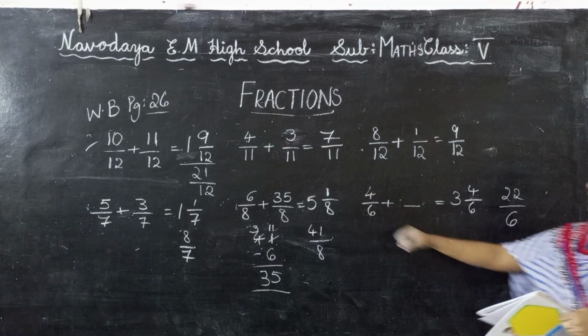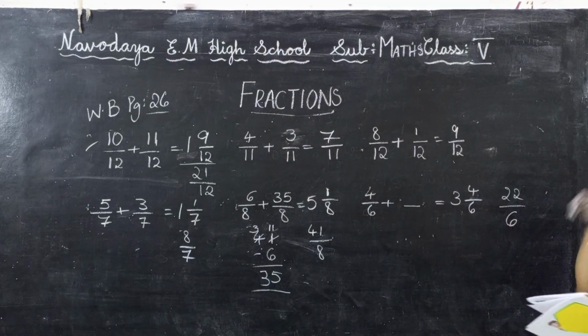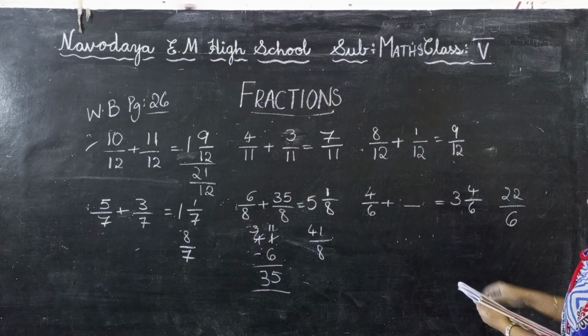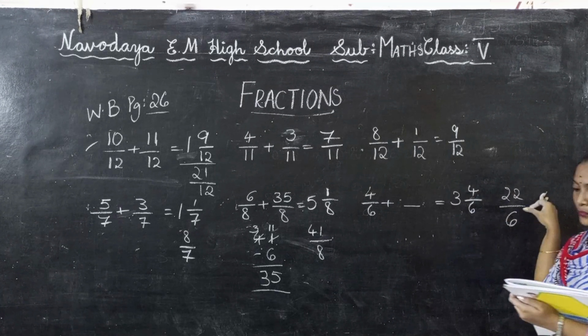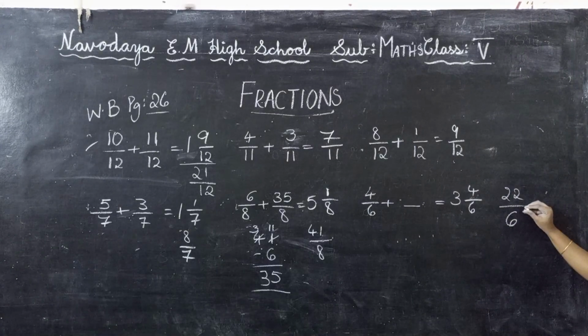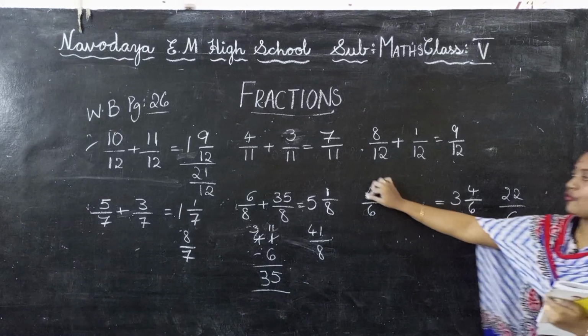How much I have to add for 4? 6 3s are 18. 18 plus 4, it's 22. How much I have to add for 4 to become 22?